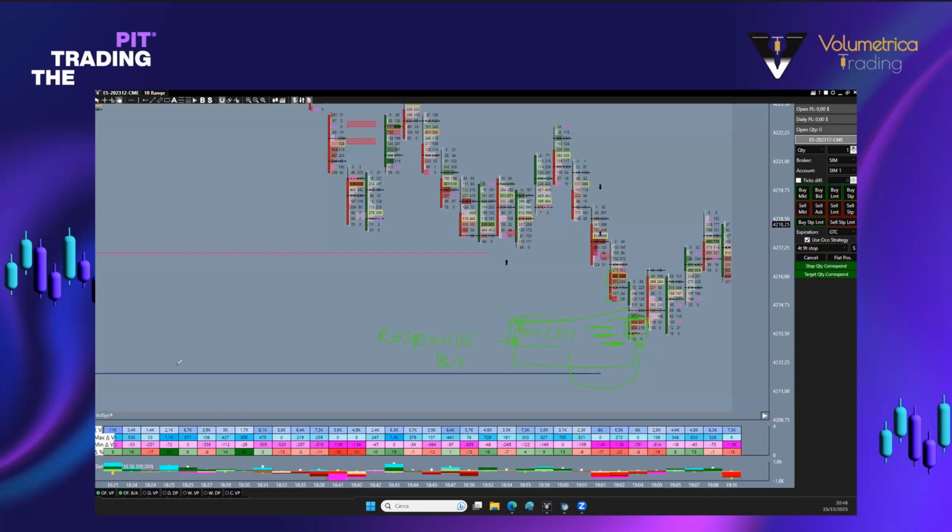And can we really tell buyers have won the battle whilst we are still here? Just imagine the bar being here, not having closed yet as an up bar. Can we really tell, looking at this volume, oh, buyers have won? Well, not at all. We are still within the fight.